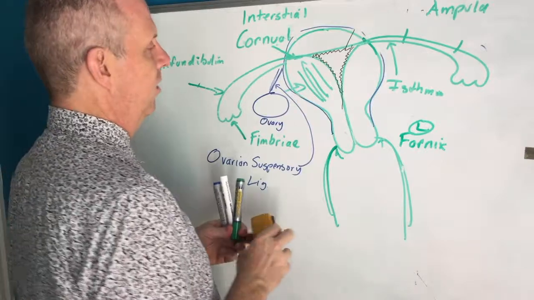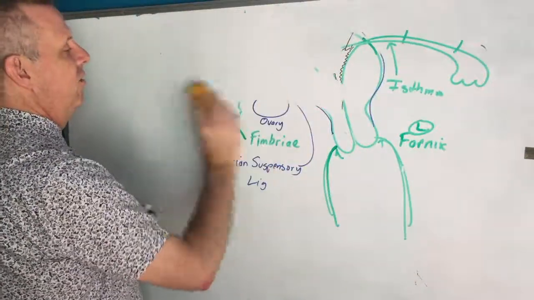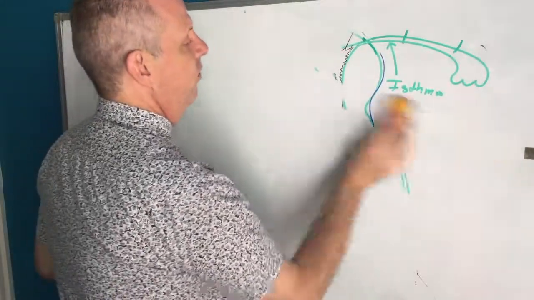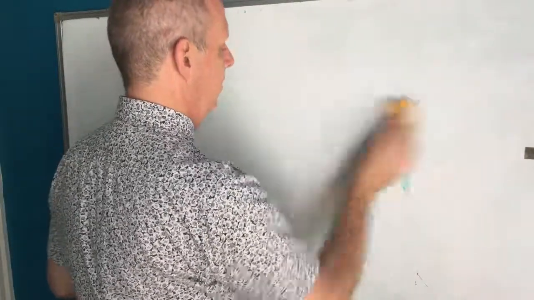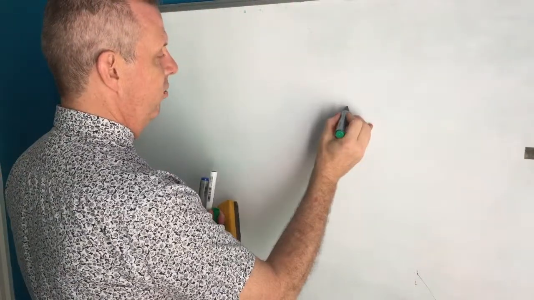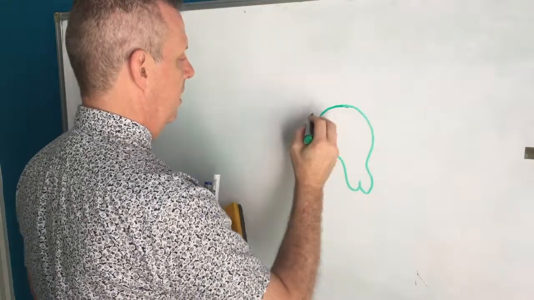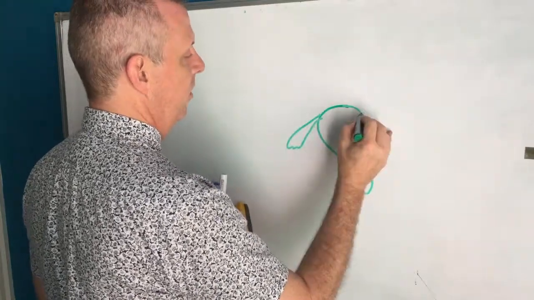Okay, so now I'm just going to redraw this again, but with a bigger picture attached to the rest of the body. So now if we draw the uterus now a little bit smaller down here. There's our fallopian tube.